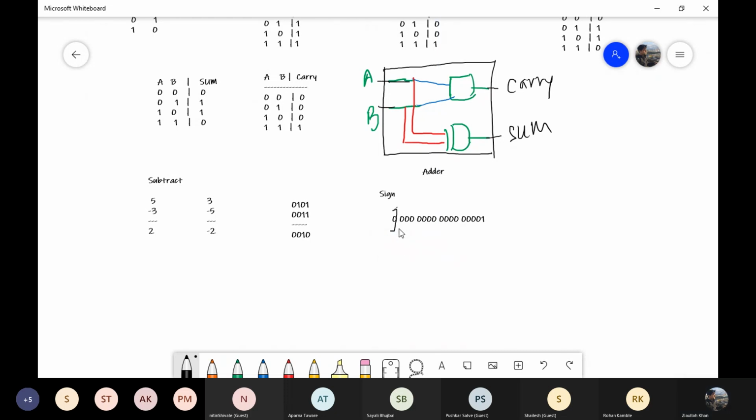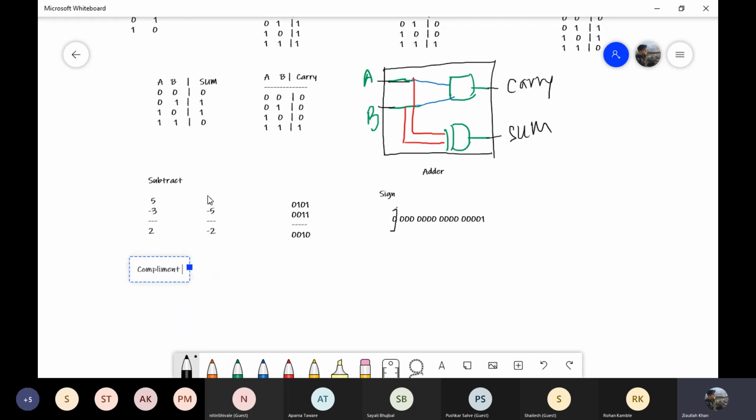The reason it is done this way is because there is a trick called complement, and it indicates that if you have to subtract two numbers, it is a difficult operation, but addition is a simple operation.